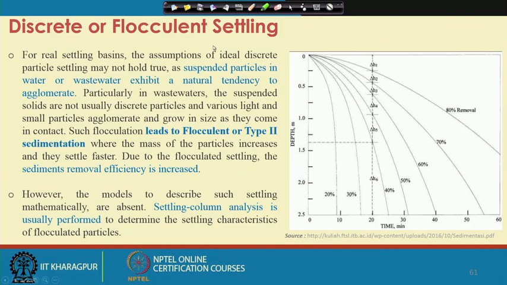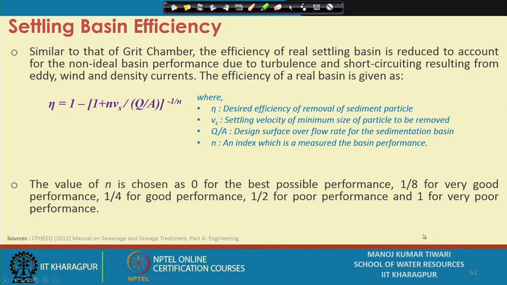However, no model exists which can describe the flocculent type settling of the various particles or flocs formation mathematically. So, settling column analysis is usually performed as we were discussing, and in the same way we can determine the settling characteristics and removal characteristics of the particles. That is of very high application, particularly when we design a settling basin for wastewater treatment.